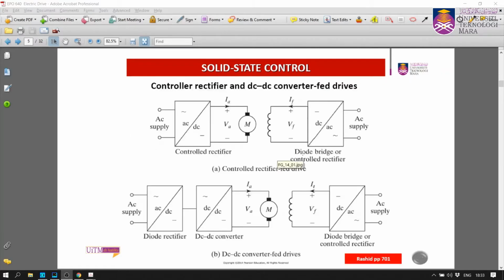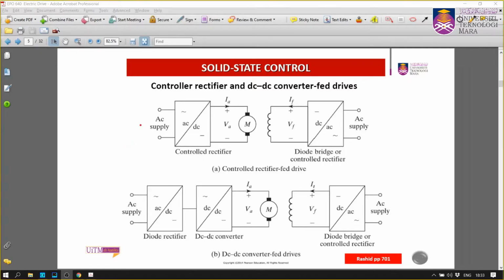Next, solid state control, the controlled rectifier in this case. Have a look here. At the front, the supply is an AC supply. We have a controlled rectifier that converts AC to DC, and that DC is connected to your machine.